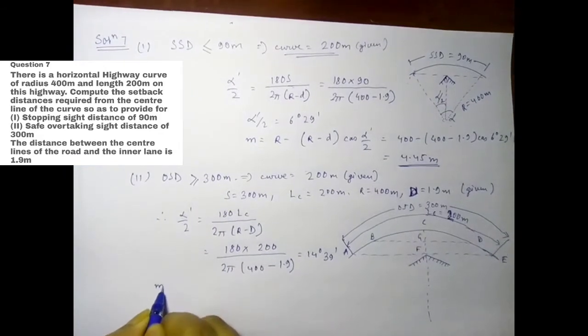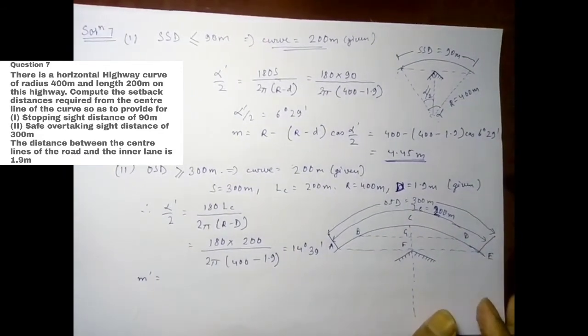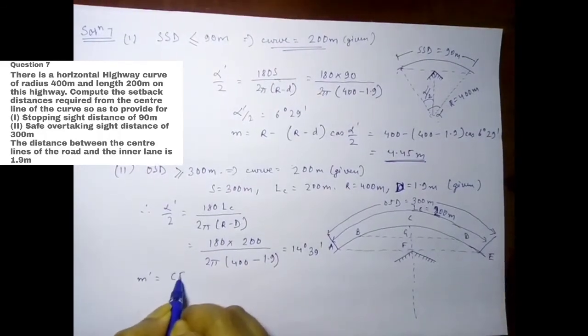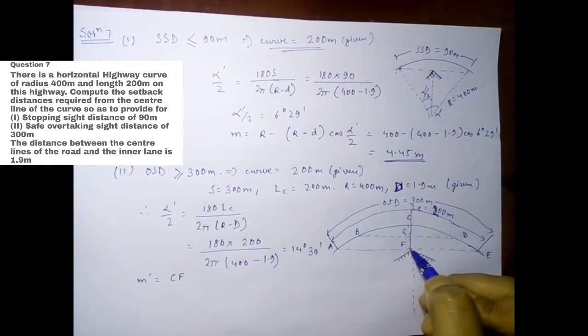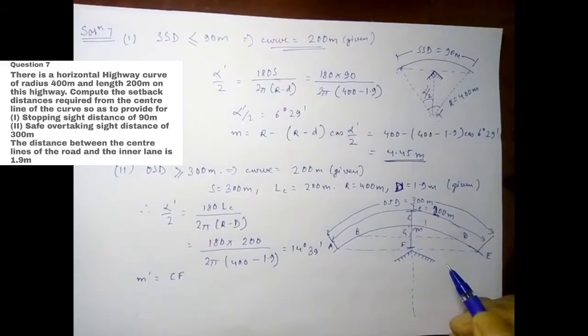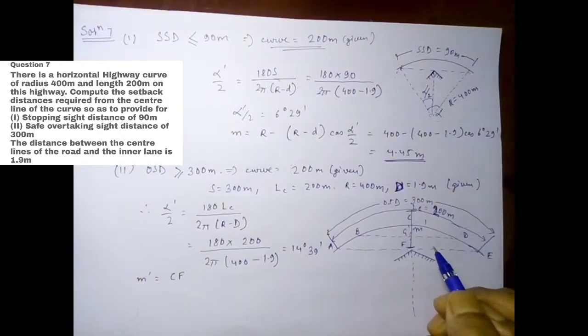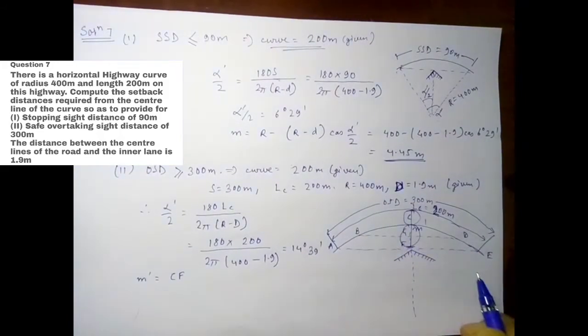Now m dash is equal to the setback distance, that is equal to CF. So CF, this shall be the setback distance m dash, and it is equal to CG plus GF.